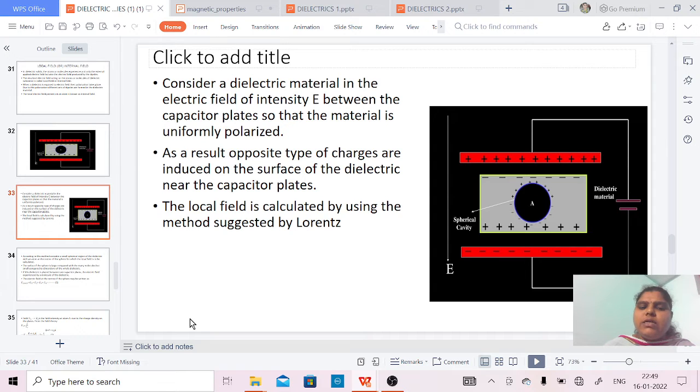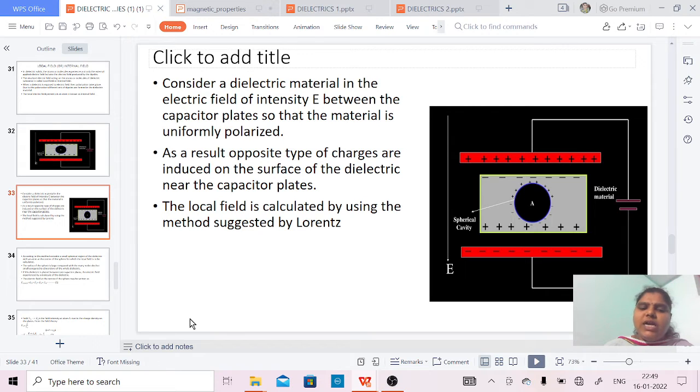As a result, opposite types of charges are induced on the surface of the dielectric near the capacitor plates: positive charge, negative charge, and positive charge inside, and at the plates there is a negative charge.